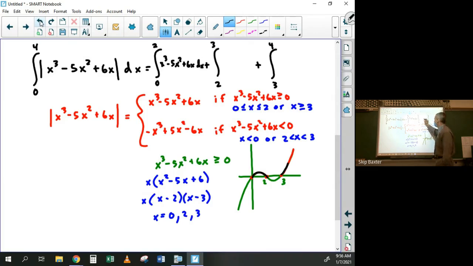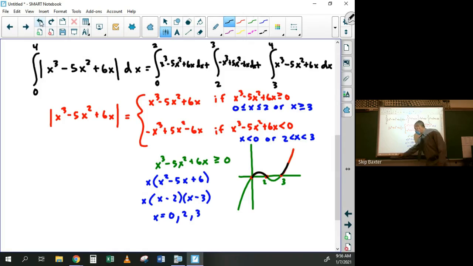The second one's going to be negative x cubed plus 5x squared minus 6x dx. Hard to read. And the last one's going to be x cubed minus 5x squared plus 6x. Do you understand?